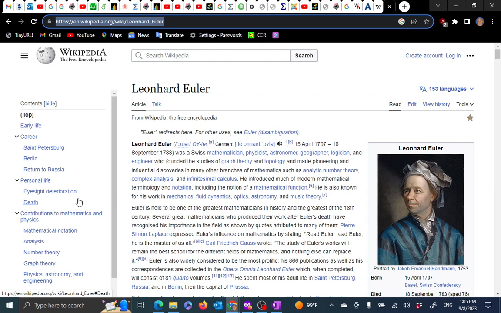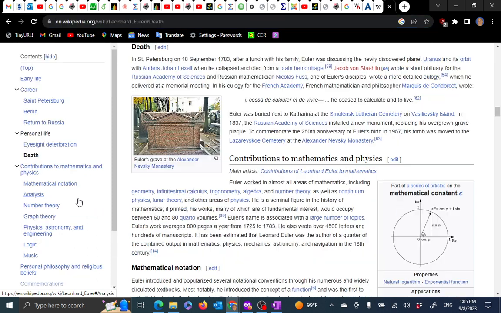Okay, by the way, if you are interested in the history of mathematics, these two individuals are very interesting personalities and extremely prolific in terms of their contribution to mathematics.